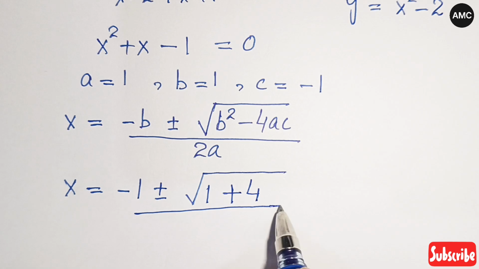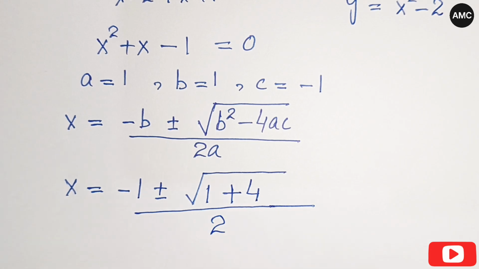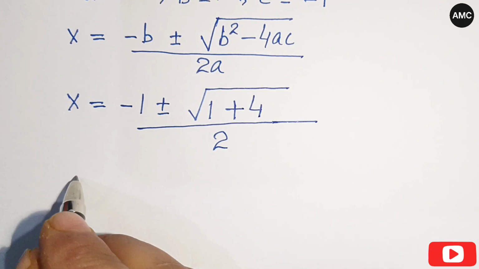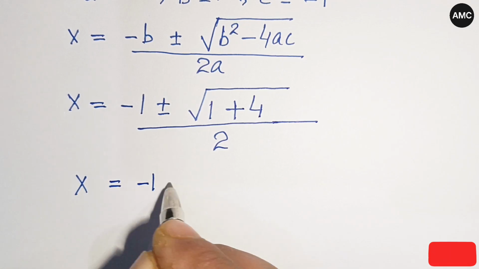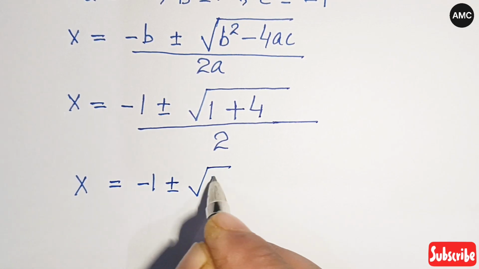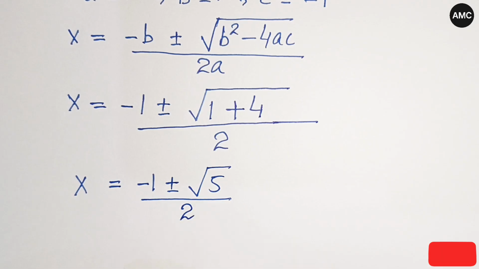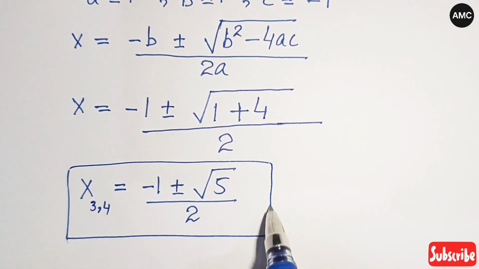The value of a is 1, so we get 2. Here we have x is equal to minus 1 plus or minus the square root of 5, all over 2. So we have this x3 and x4. We get the values of x3 and x4.